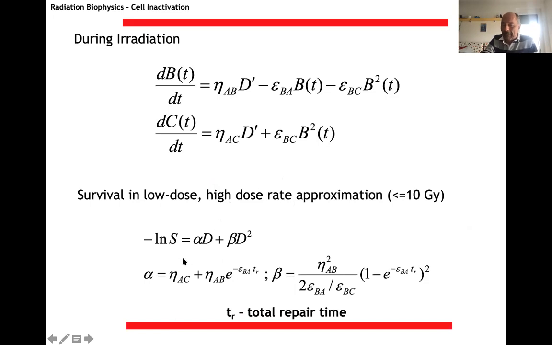But the meaning of the alpha and beta now are related to the kinetic coefficients, so to the probabilities of inducing lethal lesions or potentially lethal lesions. So they have now a more molecular meaning, and also now they are time dependent, which is something which is not in the classical microdosimetry. I mean, it is implicitly in the microdosimetry model, because beta, of course, is time dependent, but it's not explicit. Here you have an explicit way to give the time dependence of the beta parameter.